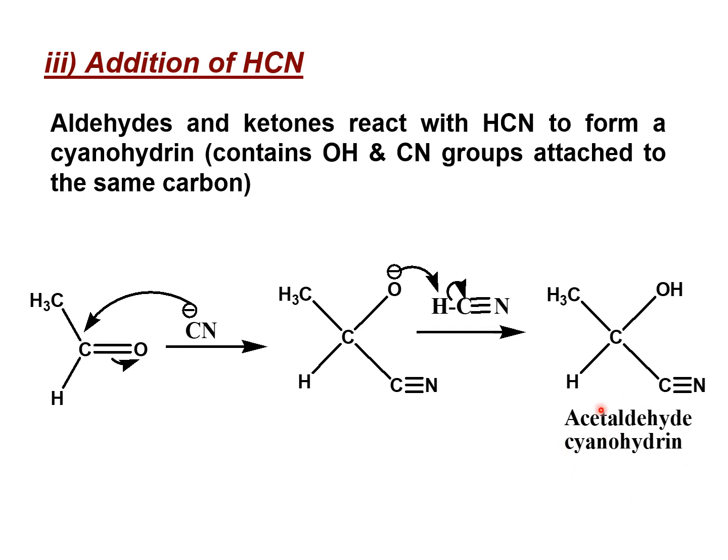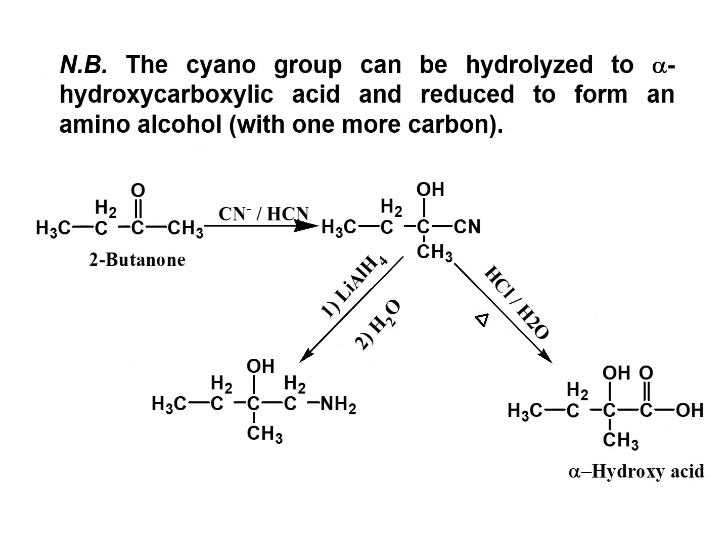What are cyanohydrins? These are compounds that have a carbon attached to an OH and a cyano group at the same time. These are a very important class of compounds because they can be easily hydrolyzed into the acid and reduced into the amines, giving either alpha hydroxy acids or beta hydroxy amines.